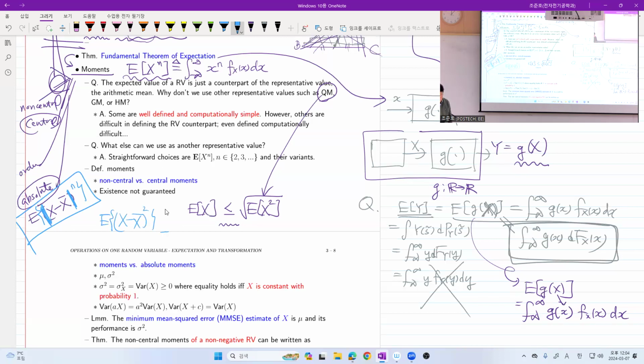I would rather use, because we learned what the absolute value is, this one. What is this one, by the way? It is the first central absolute moment, and definitely it has the same unit as our sample. Why do we raise to the power of 2 and take the square root to have the same unit and get the standard deviation?